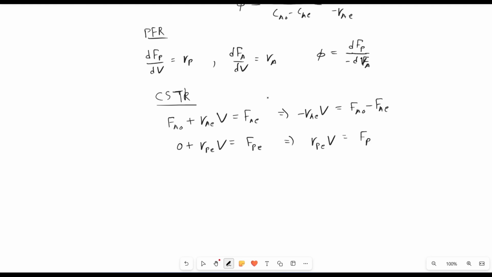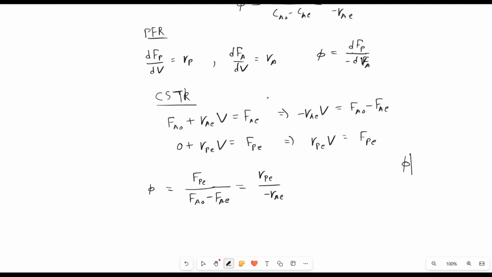Now if you divide, Fp exit divided by Fa naught minus Fa exit is the fractional yield, which equals Rp exit divided by minus Ra exit. So phi, which is the rate of generation of product divided by consumption of A, is evaluated at exit.